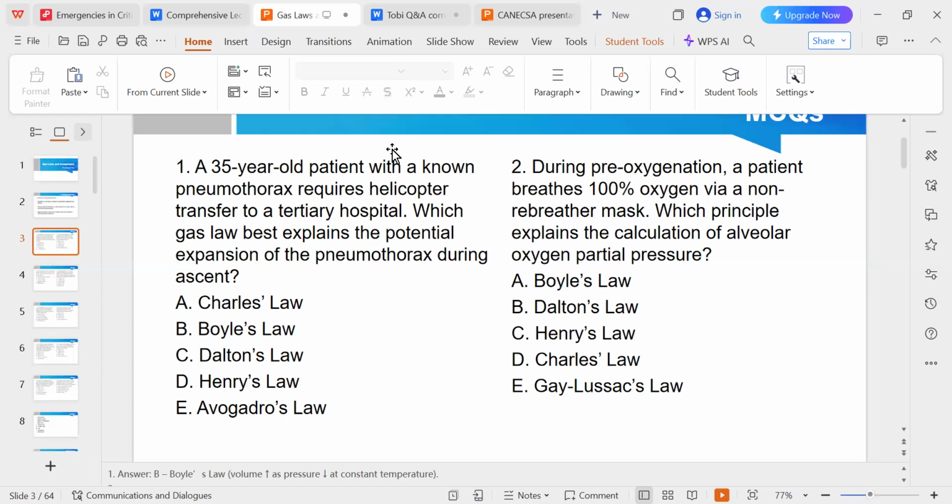Gay-Lussac's law. Any other answer? Dalton's law. Yeah, Dalton's law, correct. What does Dalton's law state?